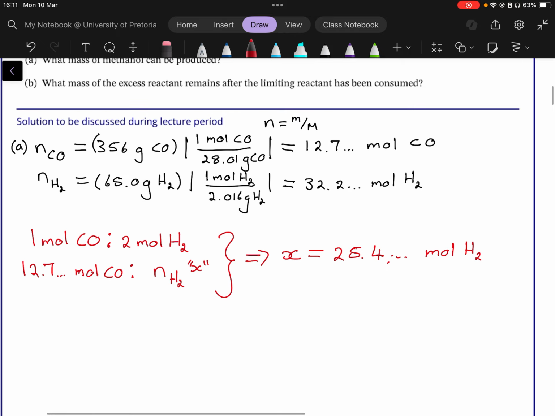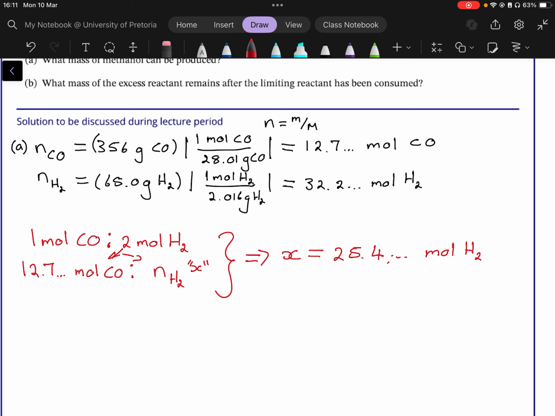This is just a check that I'm doing here. That gives you that for 12.7 mole CO, you need only 25.4 mole hydrogen.